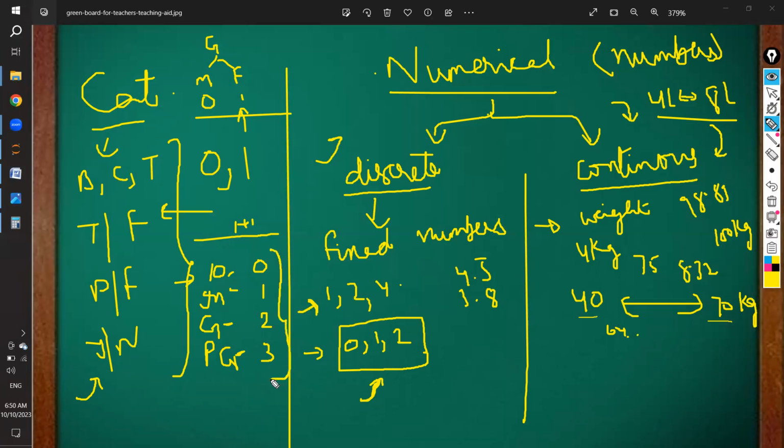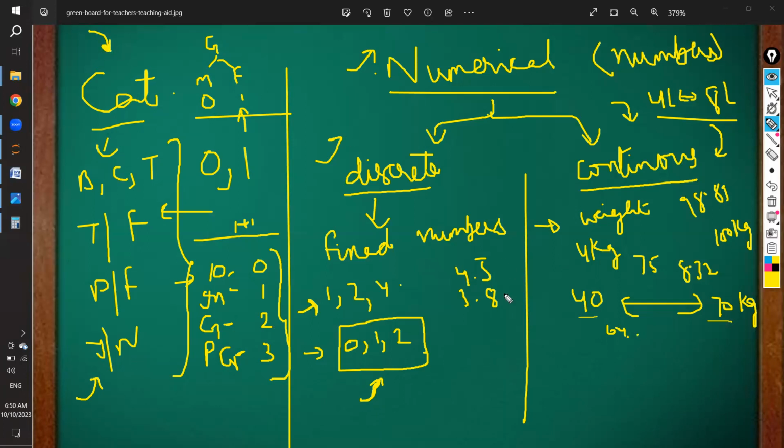But these numbers, as I said, don't blindly think if it is numbers it's numerical, and if it is non-numbers or some characters or alphabets it's categorical. Not always. Be careful, guys.